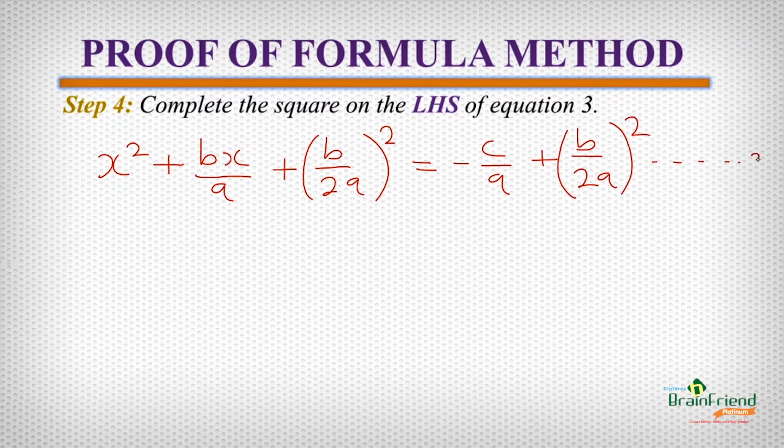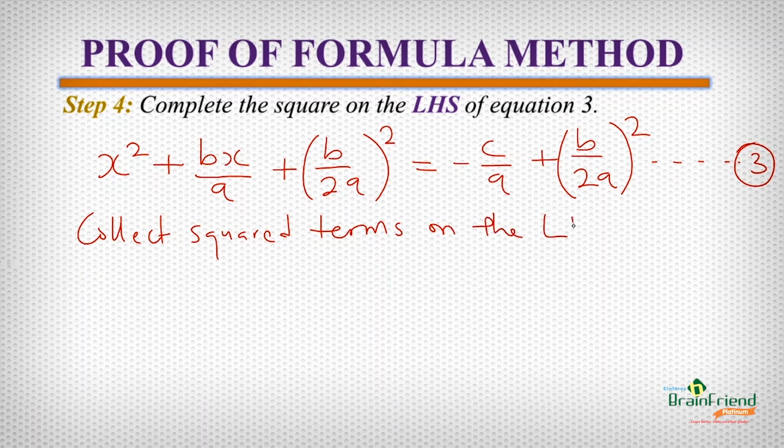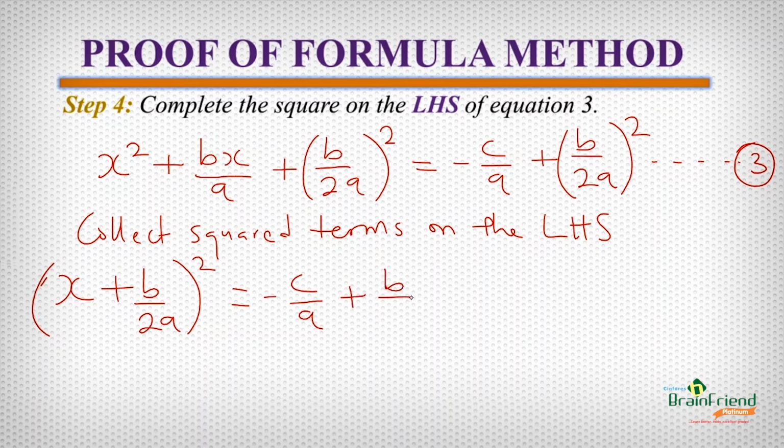Completing the square simply means we should collect the square terms on the left hand side. So we now have x plus b over 2a all squared, and that should be equal to minus c over a plus b over 2a all squared. Let's call this equation 4.